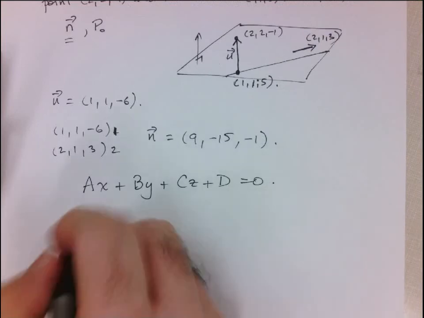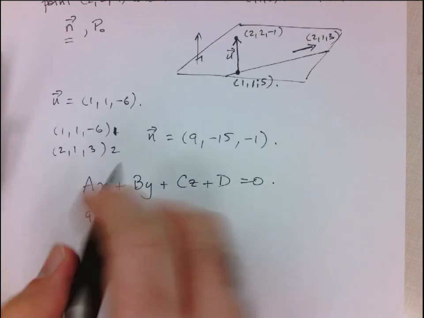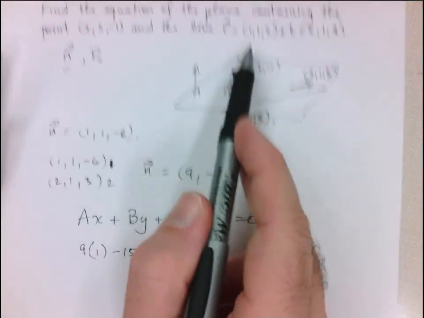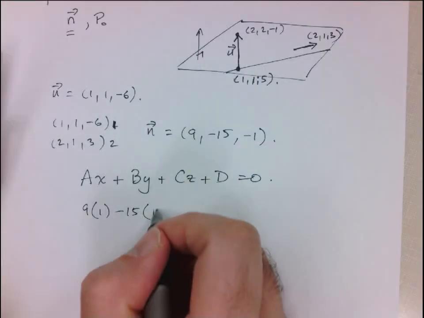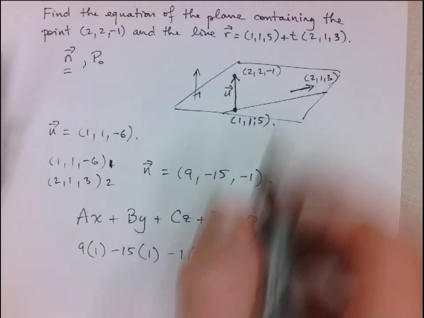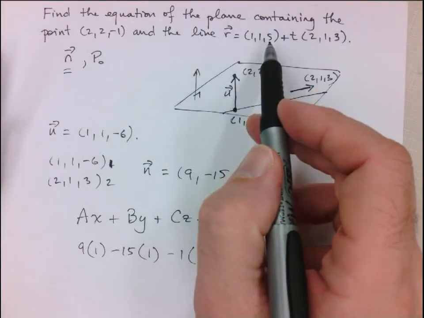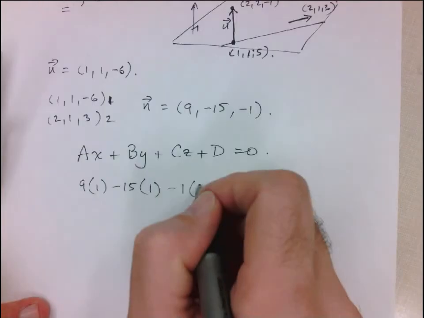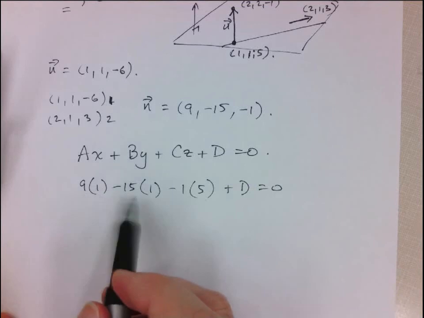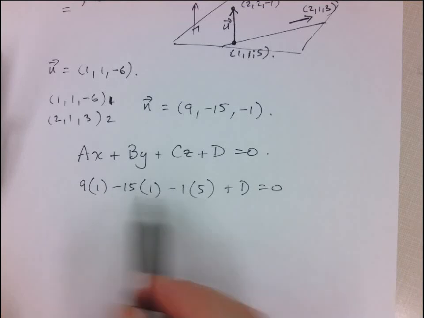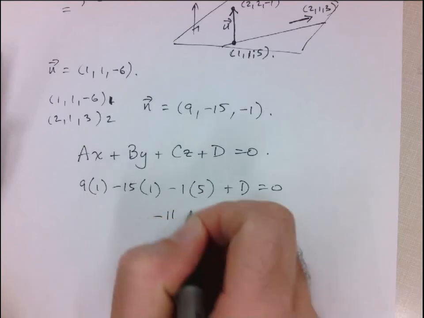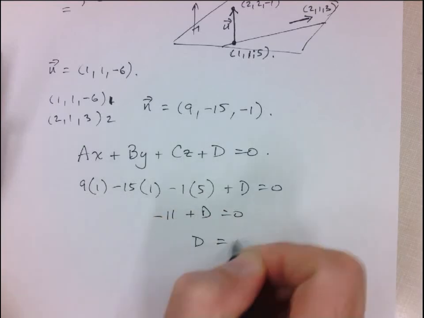So here a is 9 times our x value 1, and then minus 15 times our y value, again 1, c is negative 1 times our z component, which is 5, and then plus d equals 0. So what do we have? We have 9 minus 15, so negative 6, minus 5 is negative 11, and so d is equal to 11.